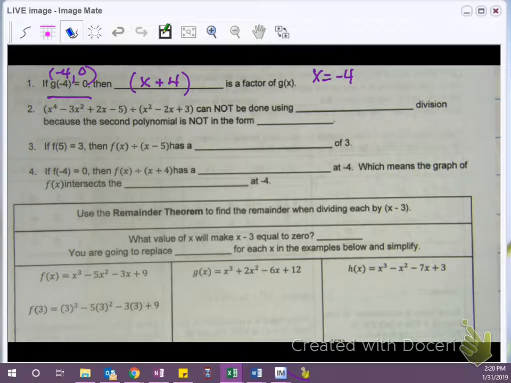So when we write that as a factor, we have to set it equal to 0. So we have to add the 4 to the other side to get x plus 4 equals 0. That's in the form of a factor. This is in the form of a root or a 0 or a solution. Does it become positive when you move it to the other side? If it's negative on the right, it becomes positive when you move it. If it's positive, it becomes negative? Yes.